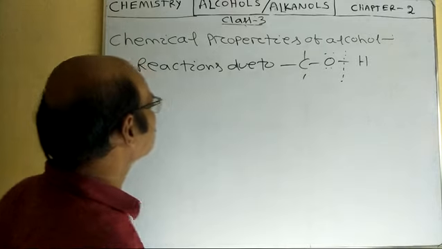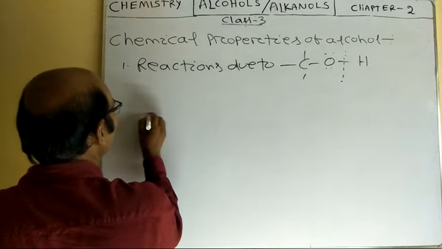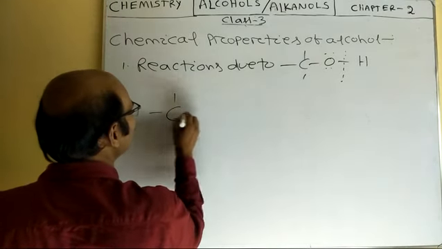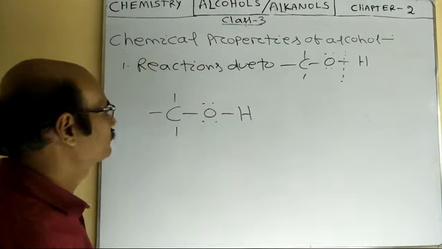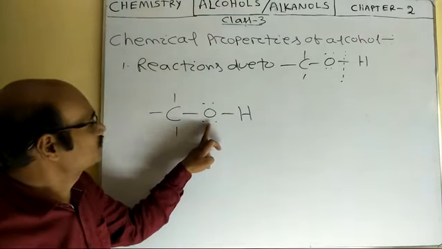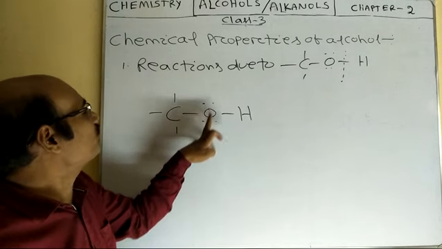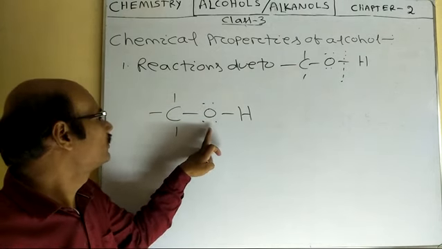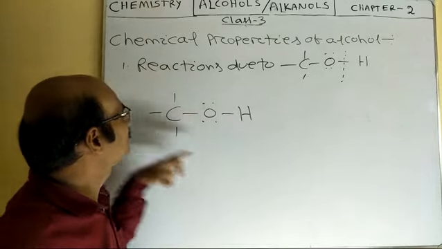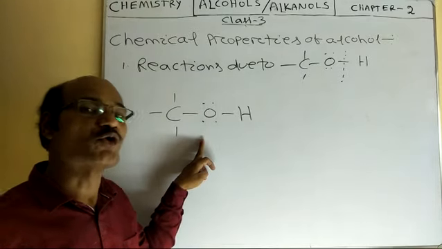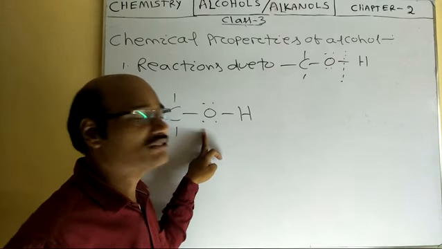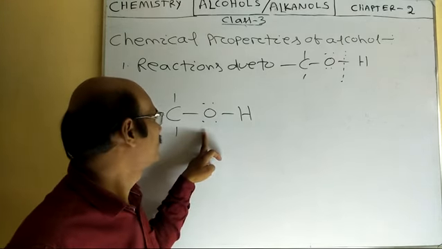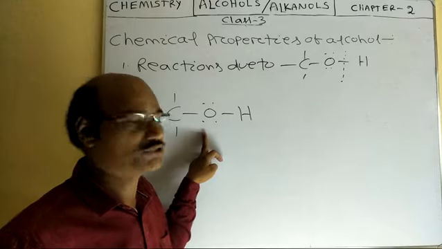Here you see, in this alcohol class of organic compound, this oxygen atom has 2 lone pairs of electrons, and this species can behave as a nucleophile. We know nucleophiles have electron-rich centers.